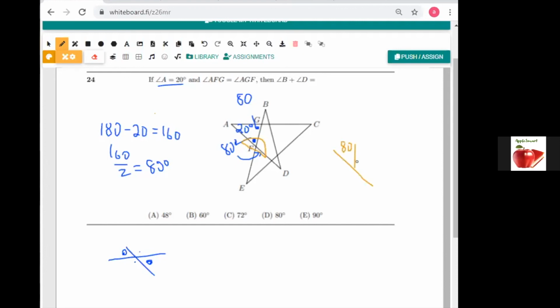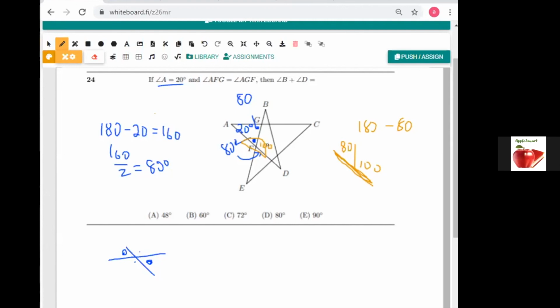If this one's 80, what's this one? What's the angle of a straight line? 180. So what's 180 minus 80? 100. Okay, so this angle we know is 100.